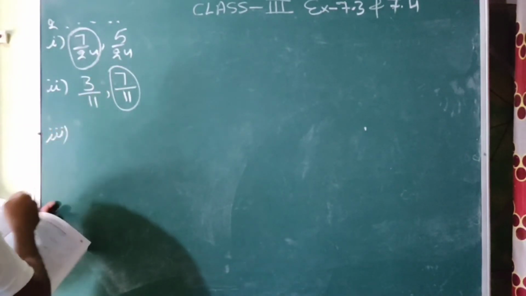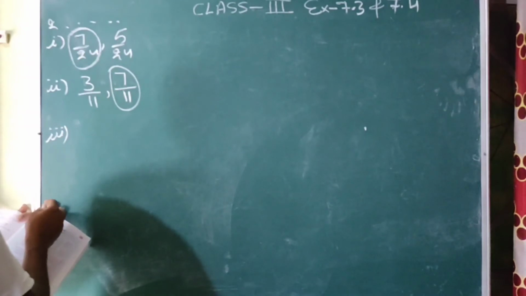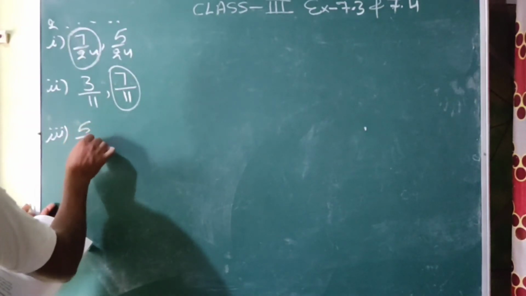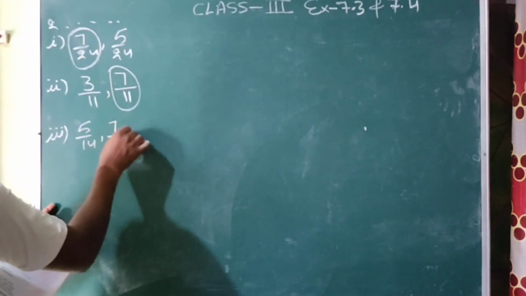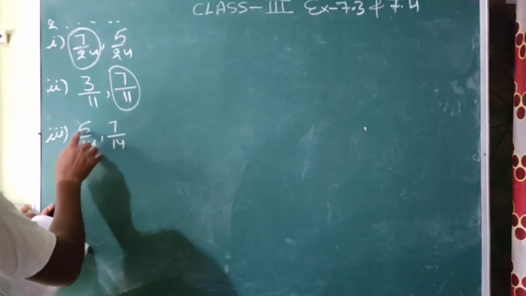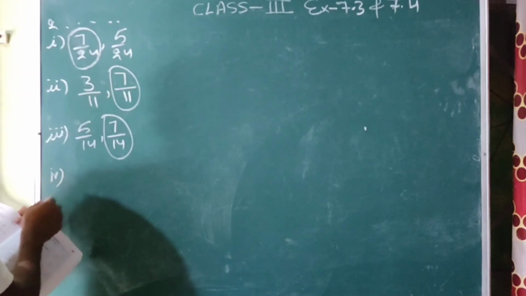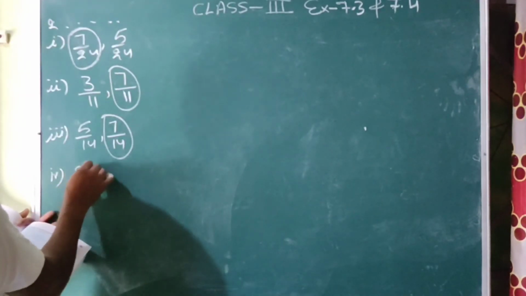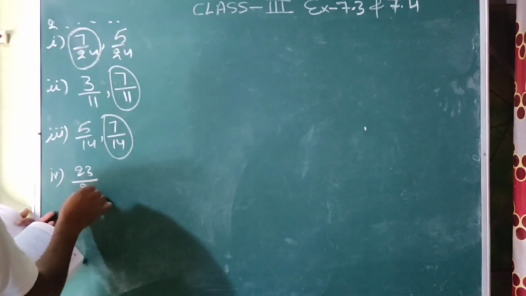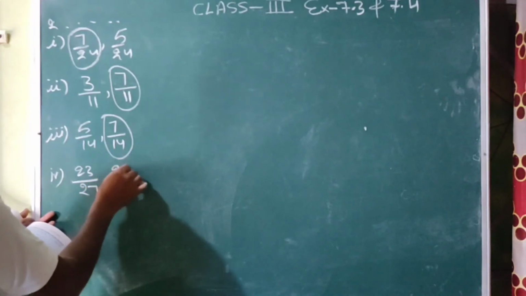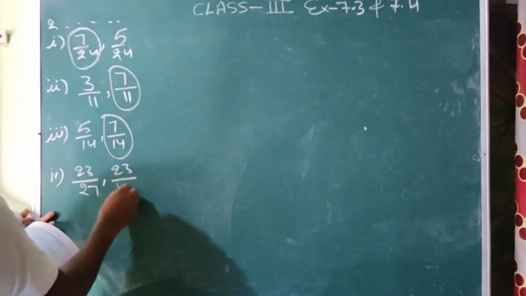Third part, 5 upon 14 and then 7 upon 14. 7 is greater than 5, so you will circle that. Fourth part, 23 upon 27 and then 23 upon 41.